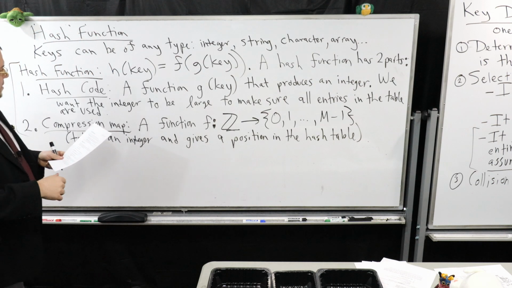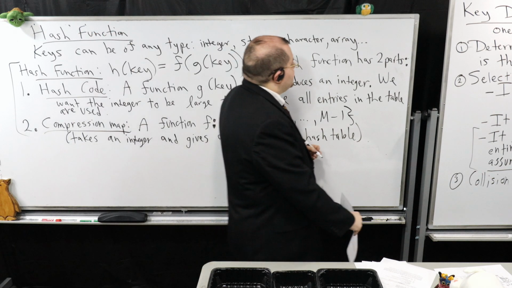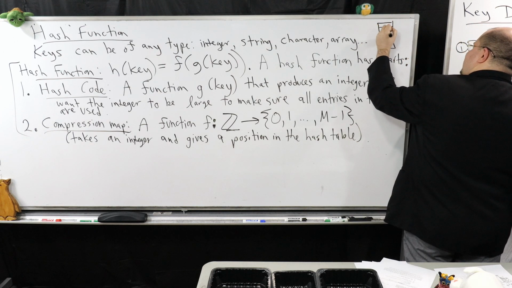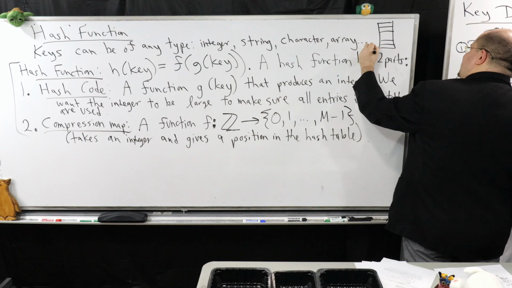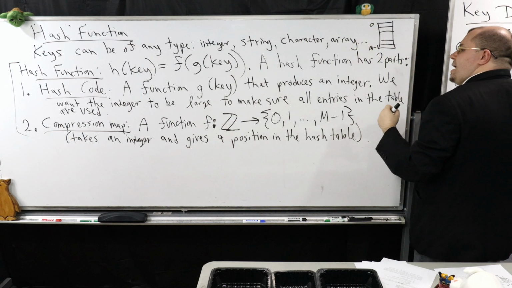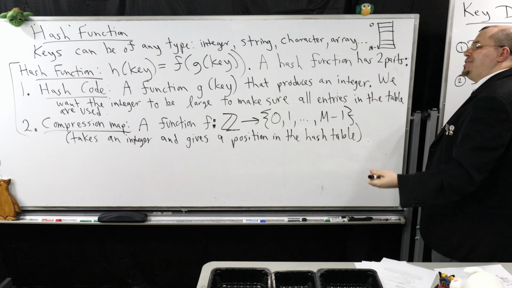So that's a wonderful question. This is actually the key role of the compression map. So for example, this is just a little doodle off to the side. Suppose that I have a table of size m, and remember, this just produces an integer, and we would like to make them large enough.